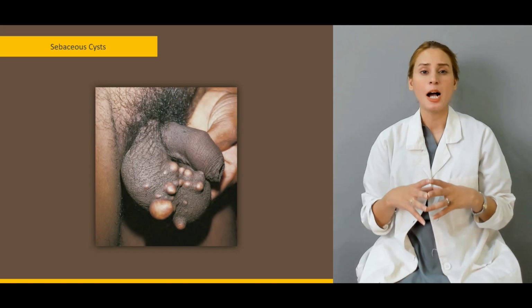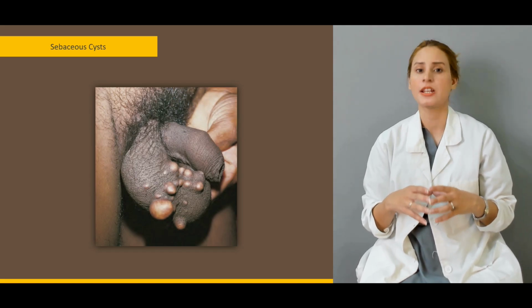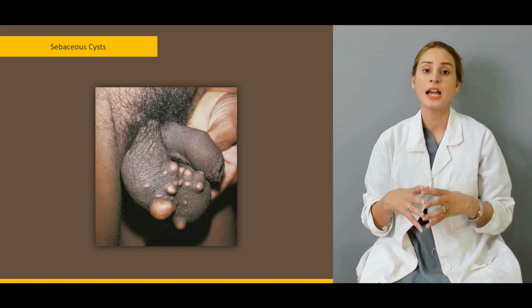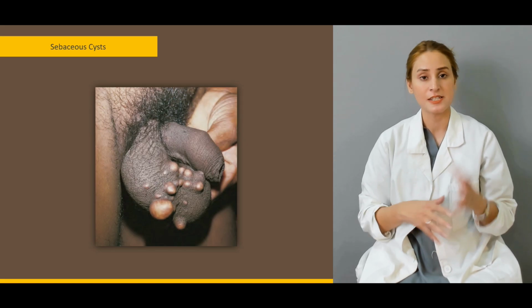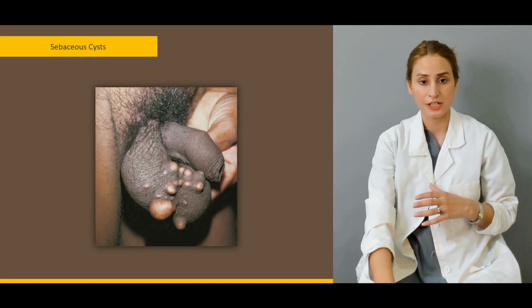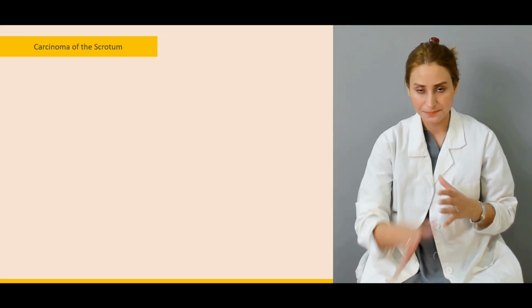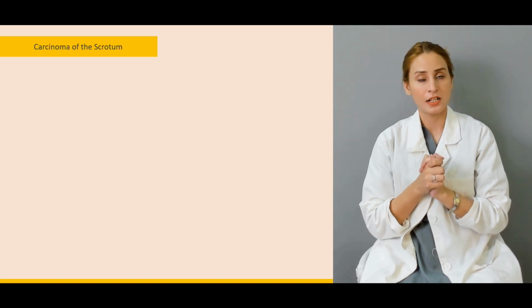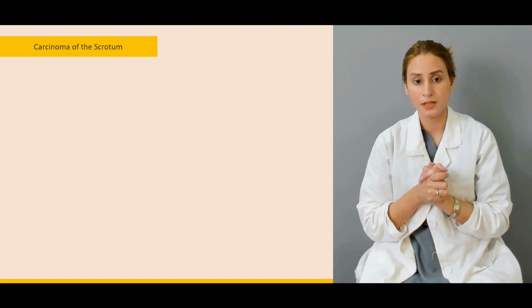Sometimes a patient can present with a ruptured sebaceous cyst, and that is a surgical emergency. You put the patient on antibiotics, plus you do the surgical excision as well. So this was about the conditions related to the scrotum.